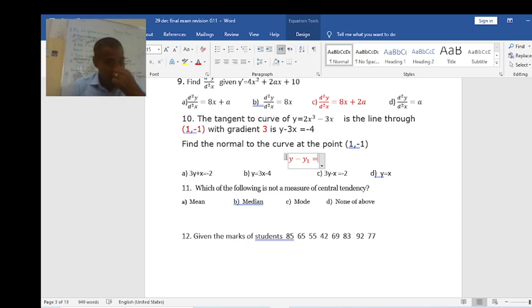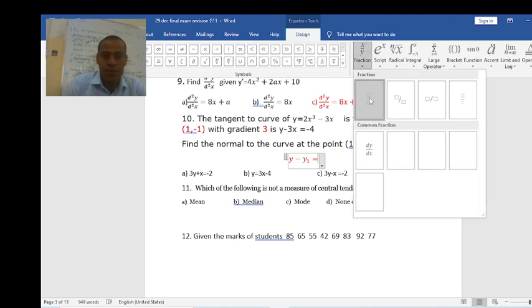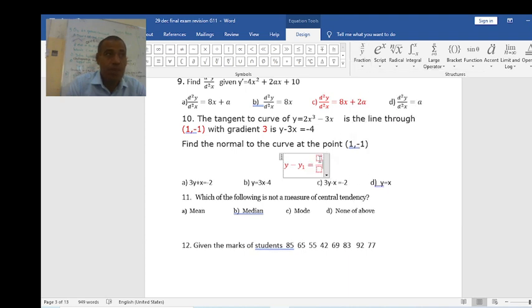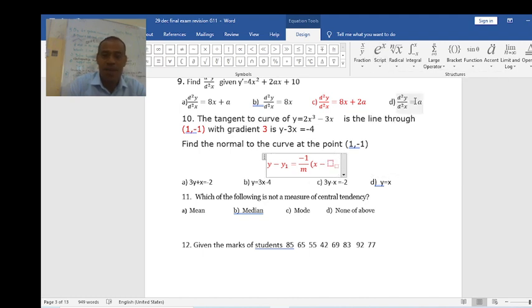Okay, so I will just write here y minus y1 is equal to negative 1 over m. No problem. Yeah. Negative 1 divided by m, all multiplied by x minus x1.